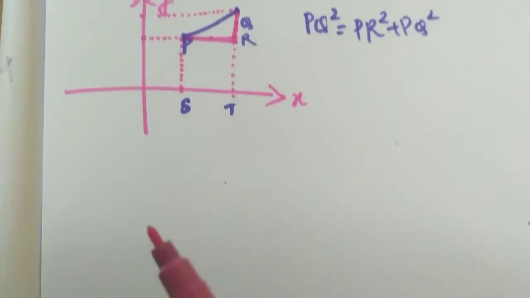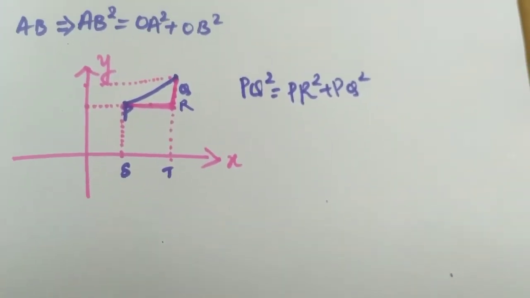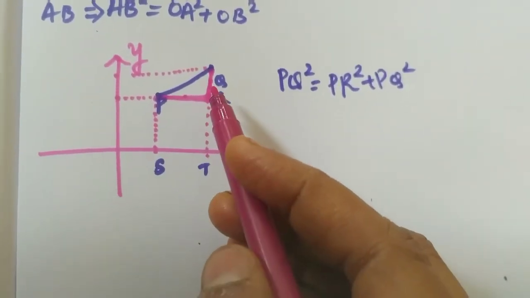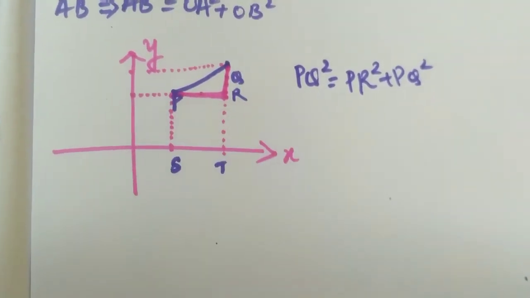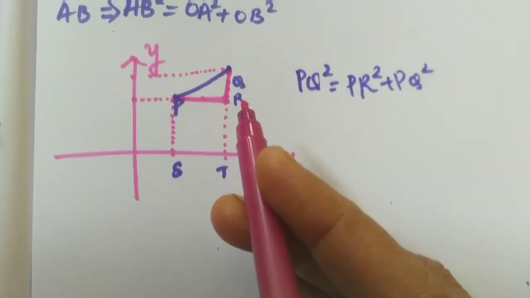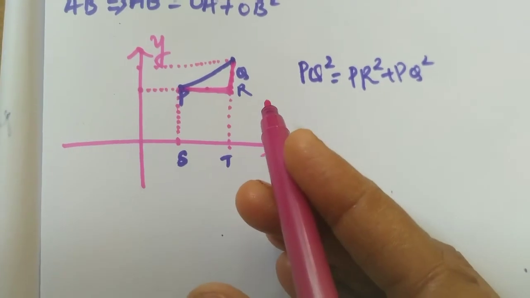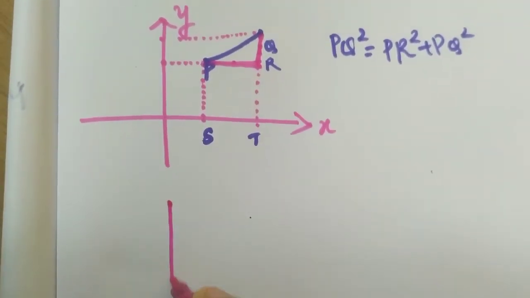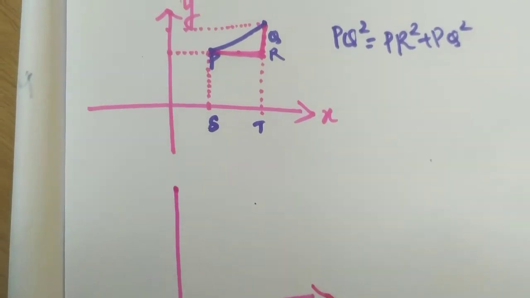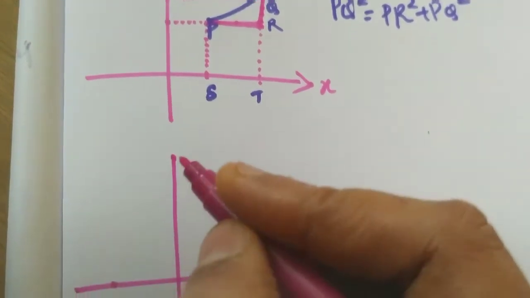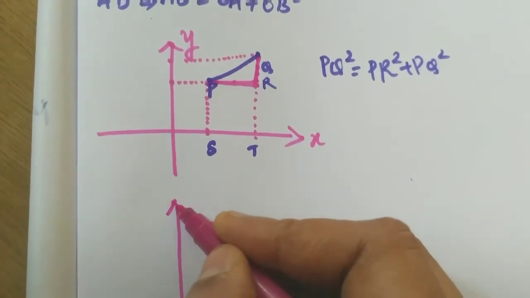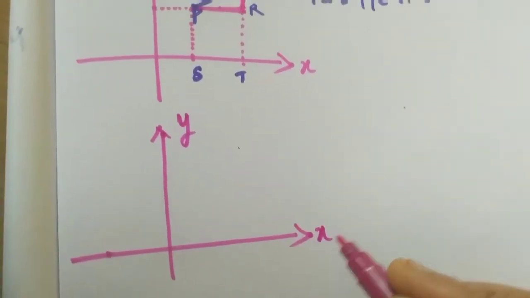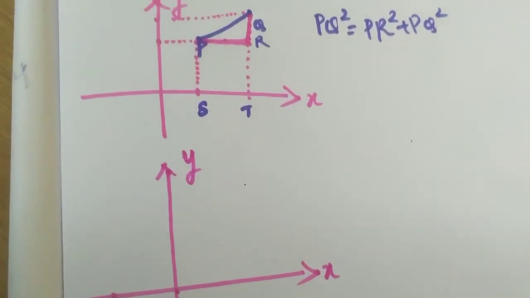So let us consider one more case where the points are in different quadrants. One point is in the first quadrant, another point is in some other quadrant. So let us take that example also. Take the x and y axis with the point as origin.